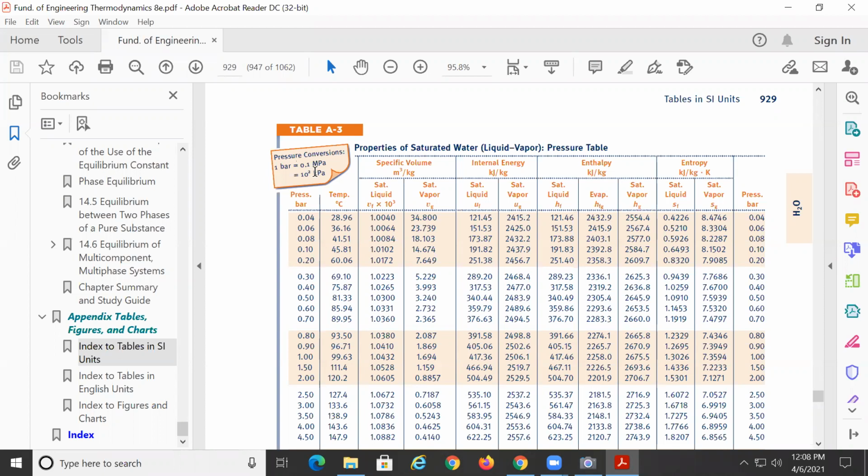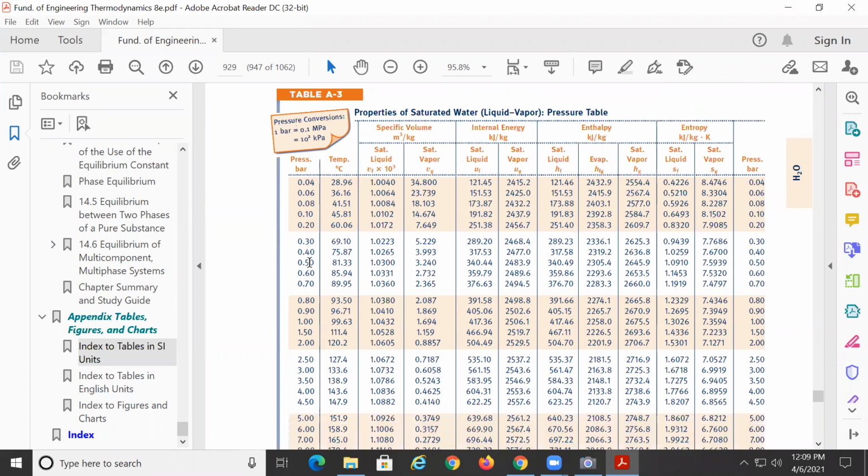So that means that 1 megapascal is, so 1 megapascal is 10 bars, no? So if 1 megapascal is 10 bars, and we have, how many we have here? So 0.3, 30, no? Should be 30.